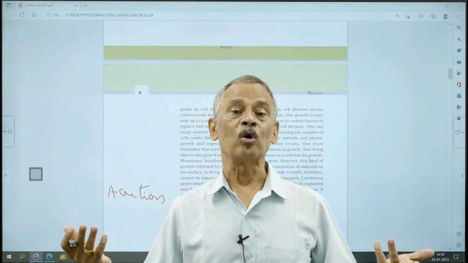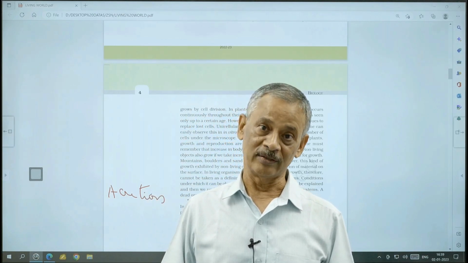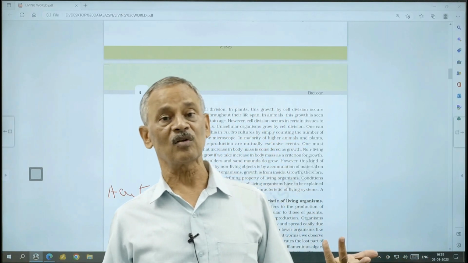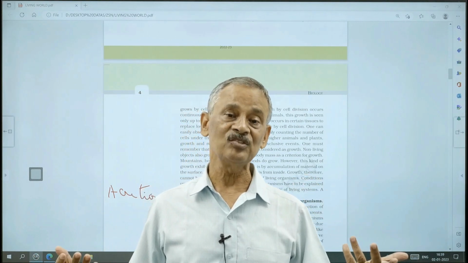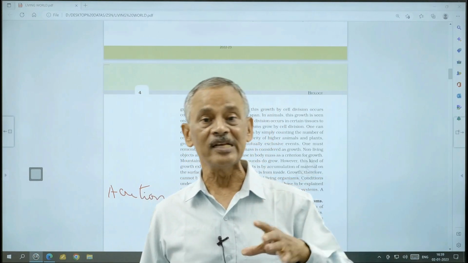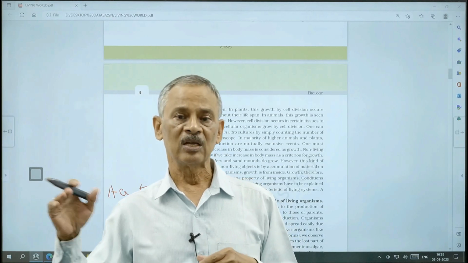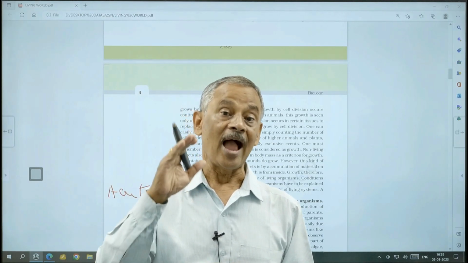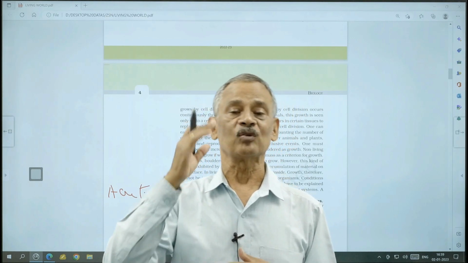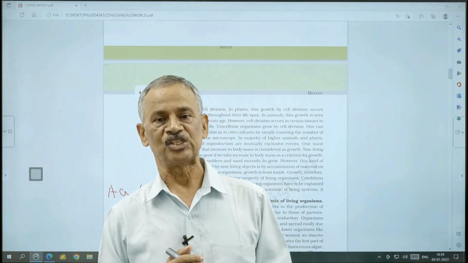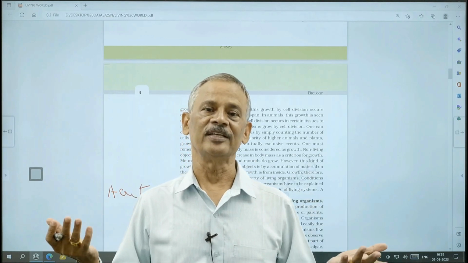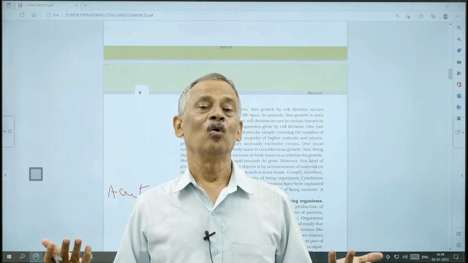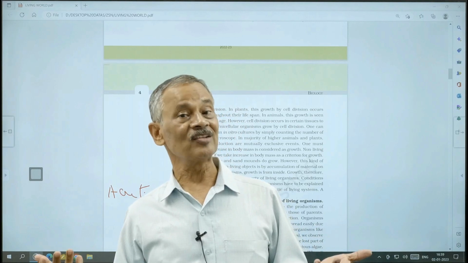Because some non-living things are also growing. Of course, there is a difference in the nature of growth. In animals and plants, growth is from inside. It is by cell division. Whereas in non-living things, if growth is occurring, that is by accumulation of materials on the surface, called accretion. That is the difference. So, anyhow, mass is increasing and increase in mass is growth.